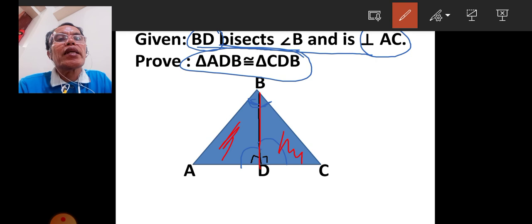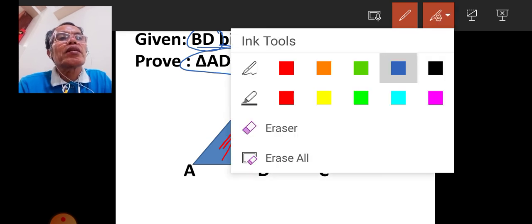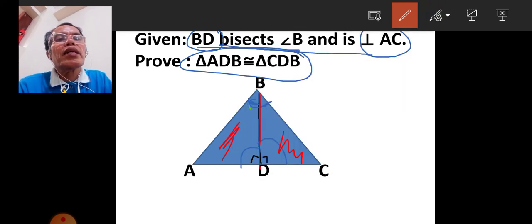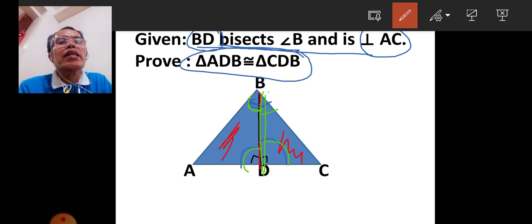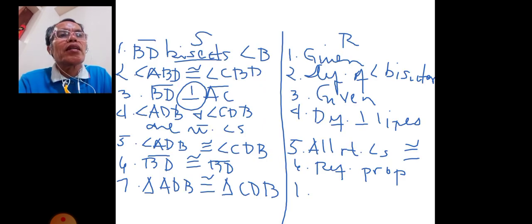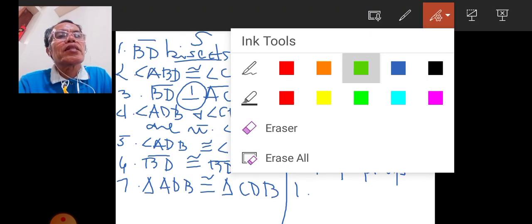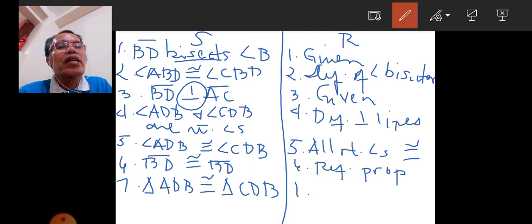This angle is congruent to this angle. This side is congruent to this side. And this angle is congruent to this angle. So that is angle side angle. So that is the angle side angle postulate.